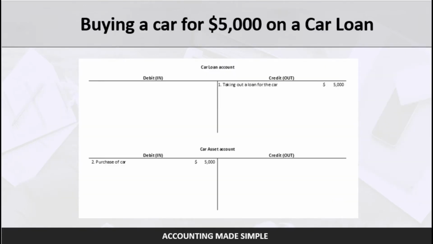And number 3, you can see that the opposite entry is a debit or an in to the car account. Notice that the accounting entries in the car account are identical regardless of how you pay for the car. A car is still coming in to our possession, so it is recorded on the debit or the in side of the car account.